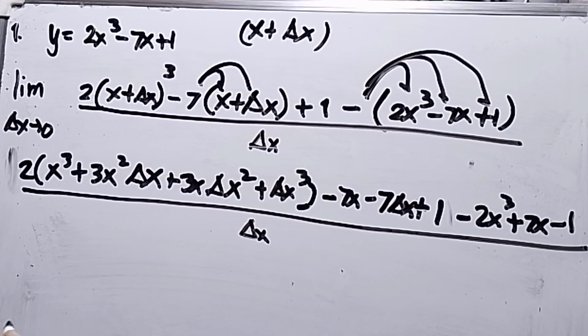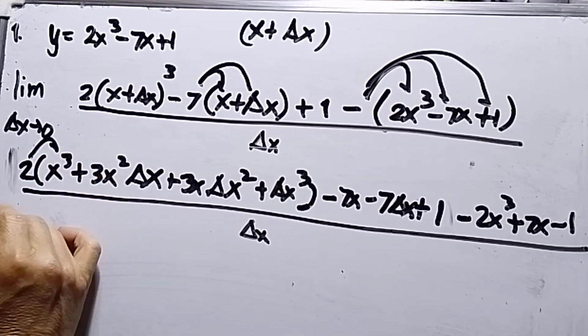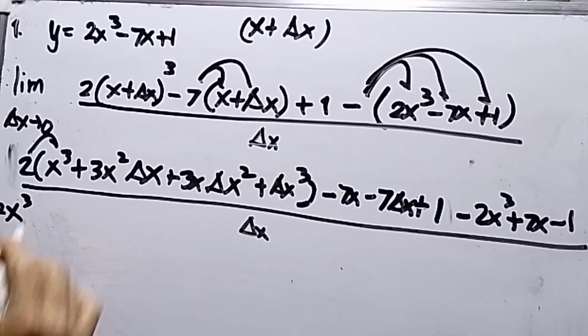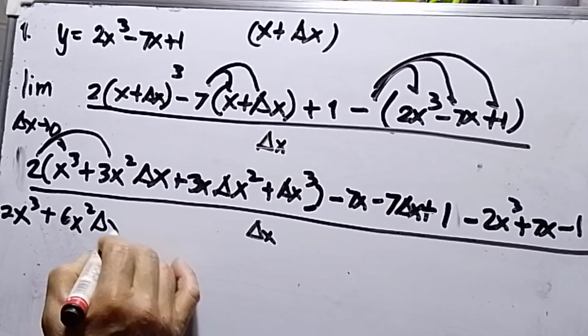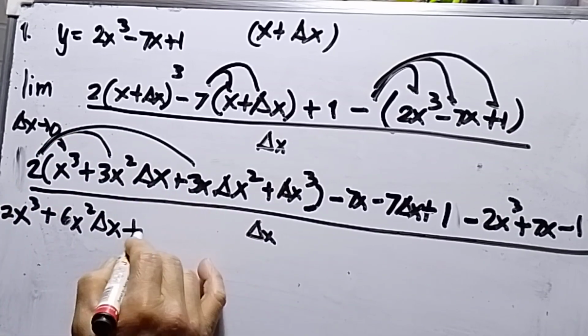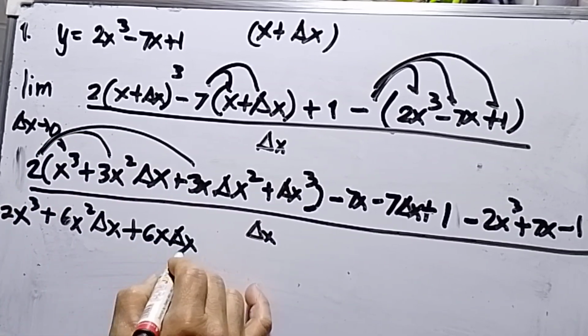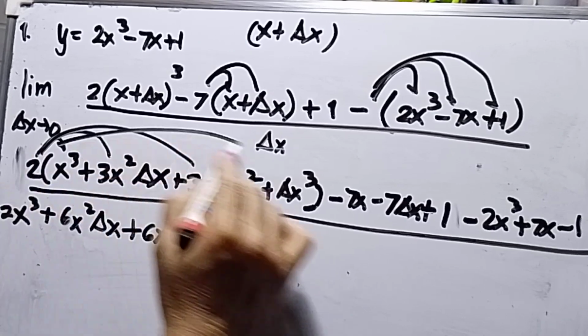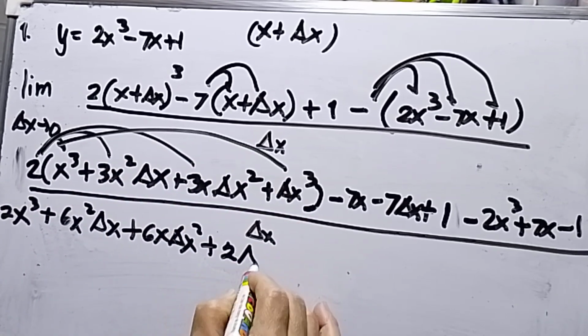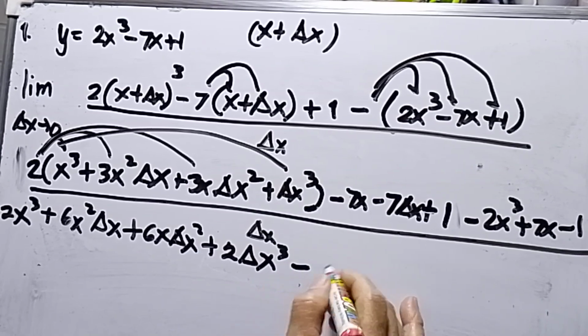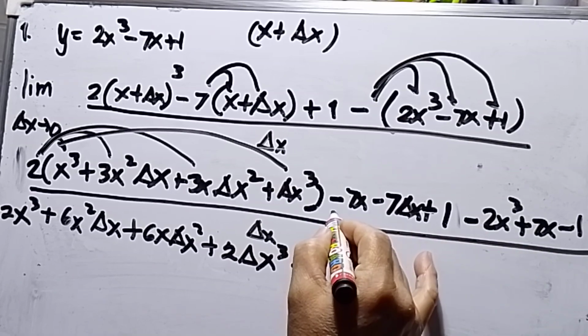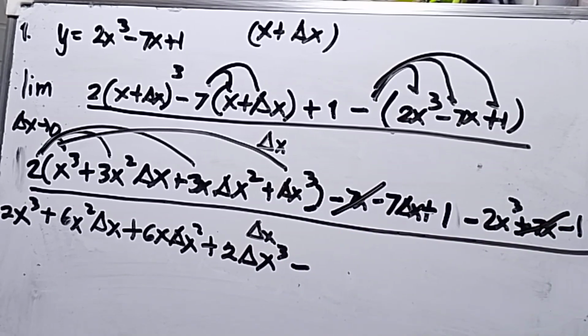Okay, so distribute. So this will be 2x cubed plus 6x squared delta x plus 6x delta x squared plus 2 delta x cubed, minus this one, the same, cross out 7x. Then this one will be crossed out.